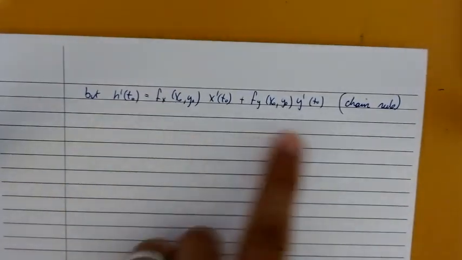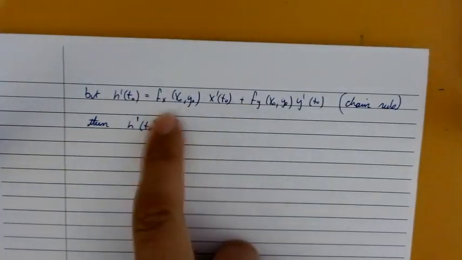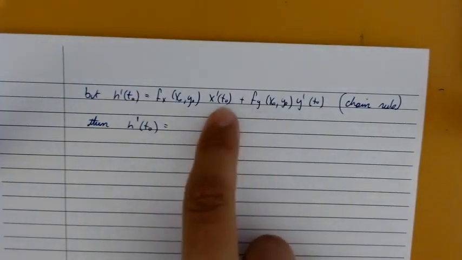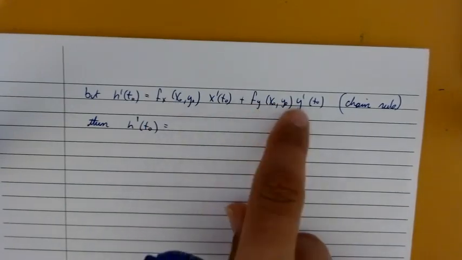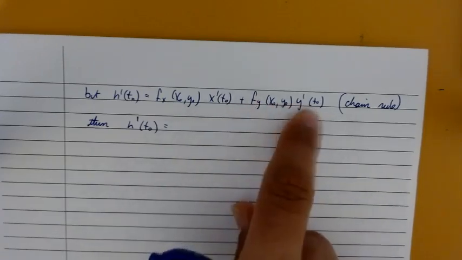But since that's equal to this, then that means h prime at t naught is equal to, well, that right there, that's the gradient dotted with r prime. After all, r is equal to x of t comma y of t. So if I'm taking the derivative of both of those, that's the derivatives of the components of r.